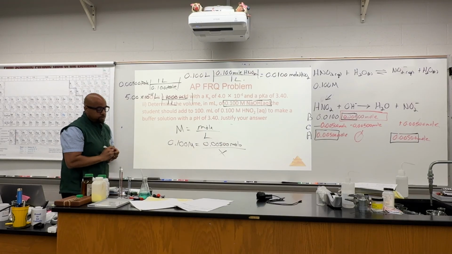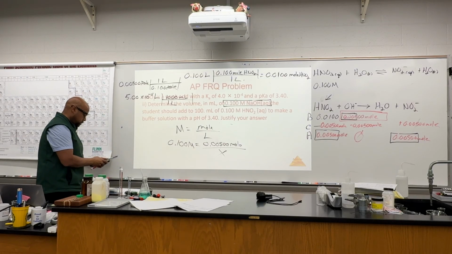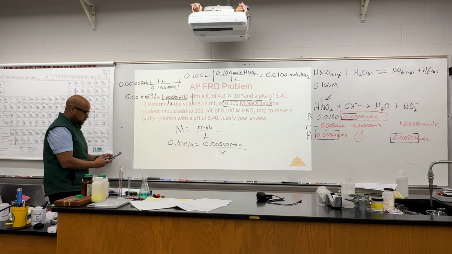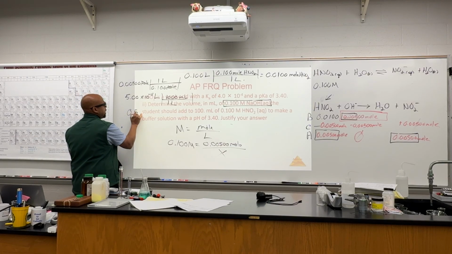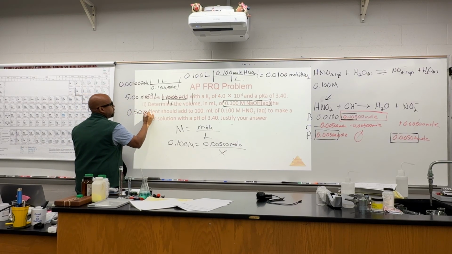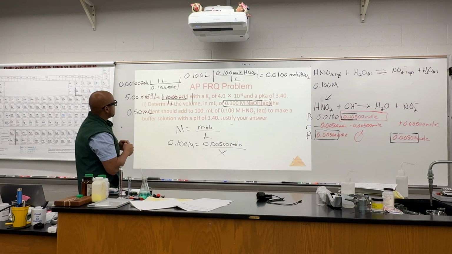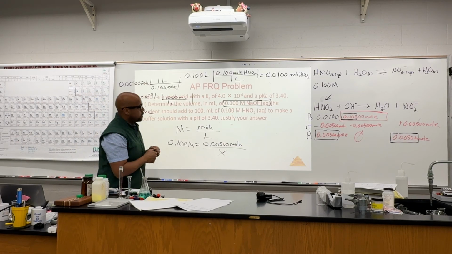Now this should give me the answer I'm looking for. So 5 E to the negative 4th times 1,000 tells me I really need 0.50 milliliters. Just want to see one thing really quickly.